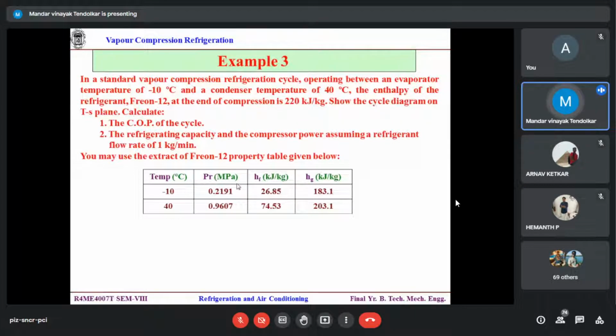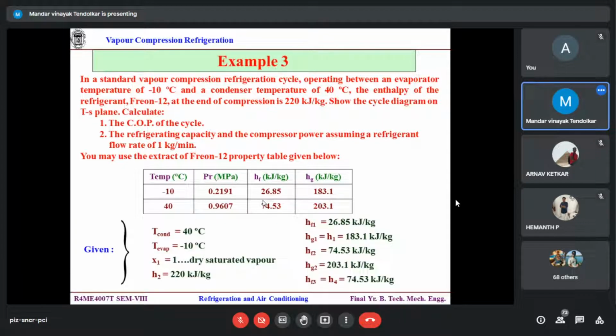So over here, temperature and pressure we have nothing to do with right now, because we are not using the pH chart, we are using the TS chart. So temperature, correct, and Hf and Hg. So I can calculate Hg at the inlet of the compressor. So that is this, and Hf at the exit of the condenser. That means liquid part. This 74.